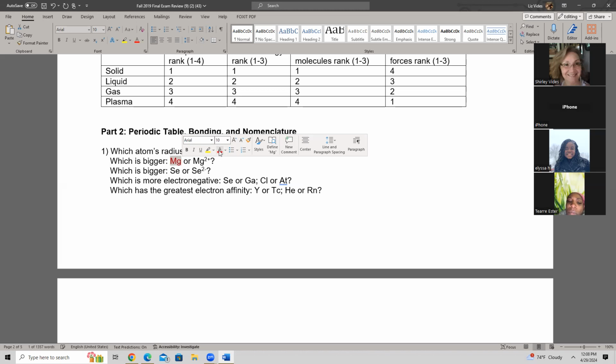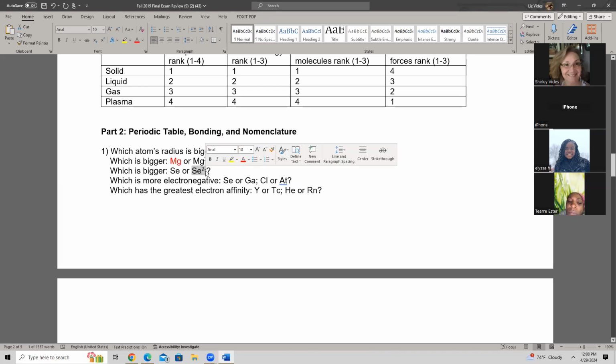So the ion is not the biggest in this one. But in this case, with selenium, you are gaining 2 extra electrons. So you're imbalancing all that beautiful balance of charges. And of course, the radius is going to get bigger.